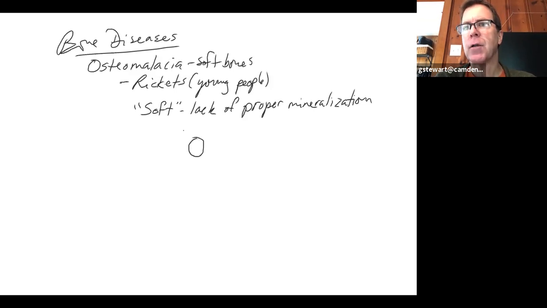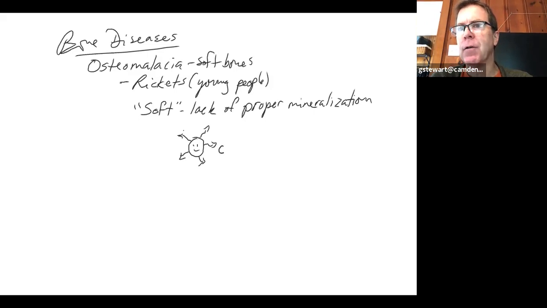So osteoblasts are still laying down osteoid. There's our happy osteoblast, secreting osteoid. But remember, in order to have proper ossification or proper bone production, we need minerals to mix with the osteoid. So our osteoblast, I'm going to label this, is still doing its business.